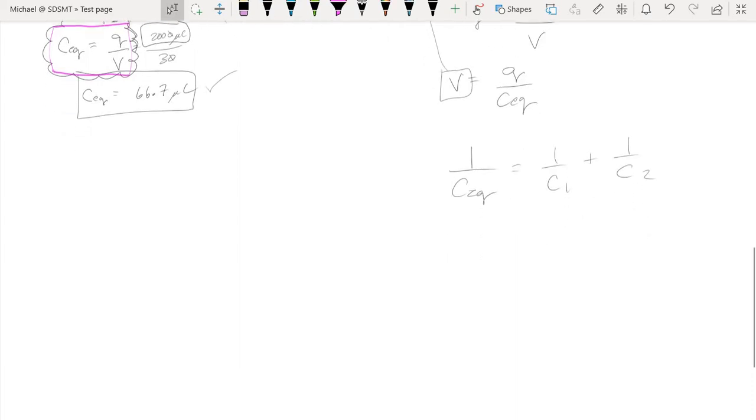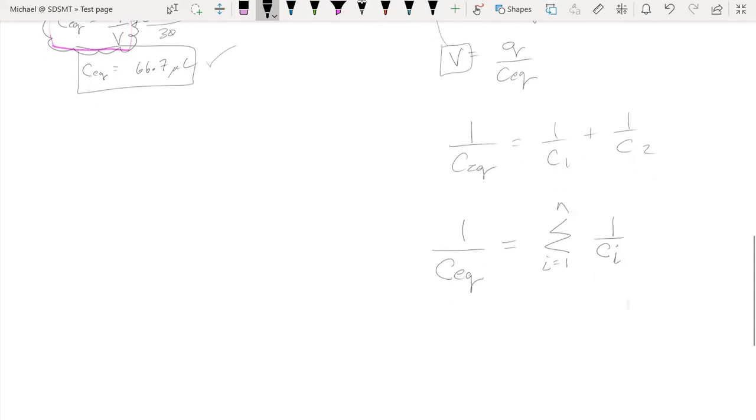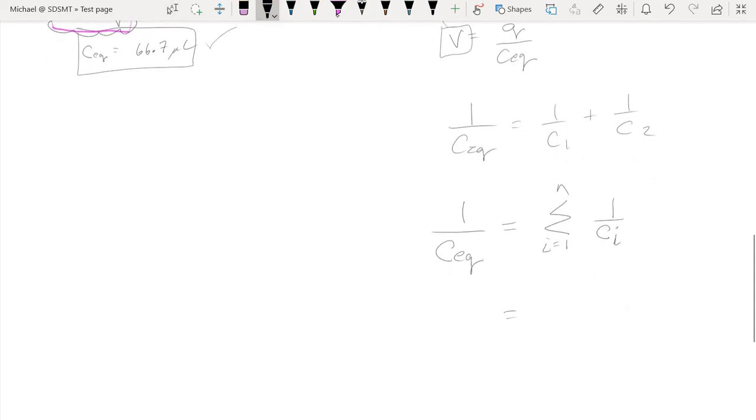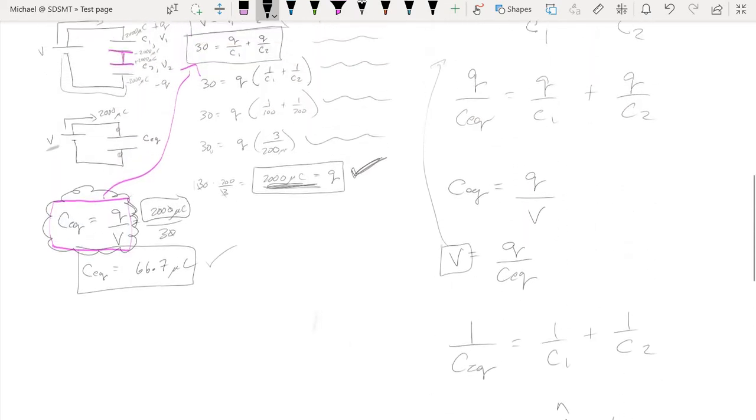We have an inverse summation here. We have 1 over the value of the equivalent capacitor is the summation of 1 over the individual capacitance values. So let's see what we get. We had 1 over 100 for the first capacitor, 1 over 200 for the second capacitor, and we've already done this before.